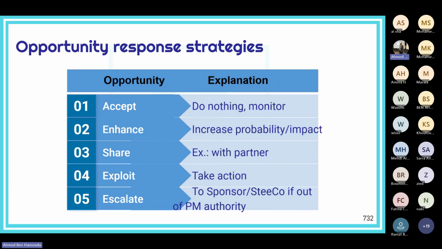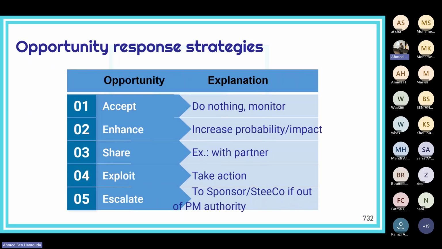Or you can simply exploit the opportunity by taking an action in order to take advantage of the opportunity. Okay. Or in case the opportunity is out of your scope, for example, if it's not related to your project, then you can simply let the sponsor, the steering committee know by escalating it to them, and no further action is required from your side. Okay.